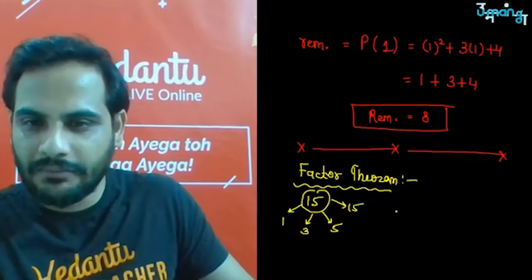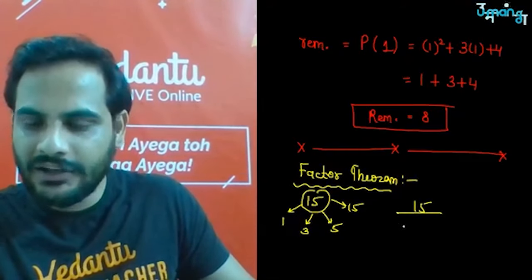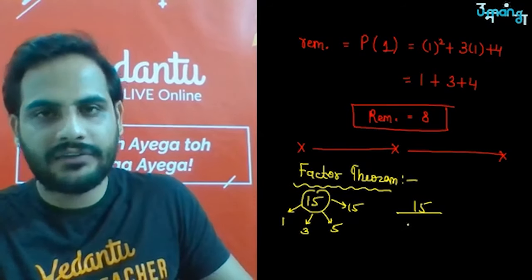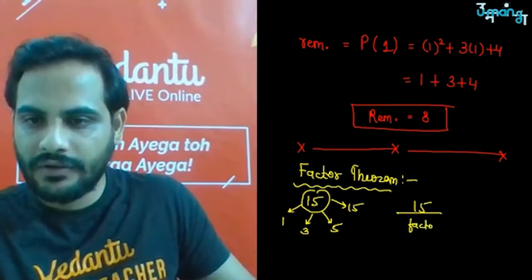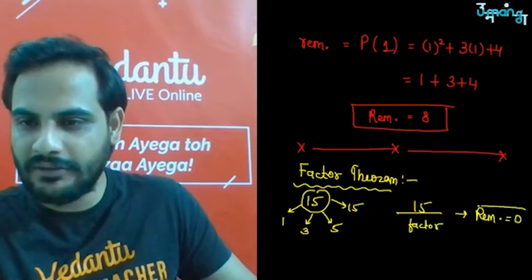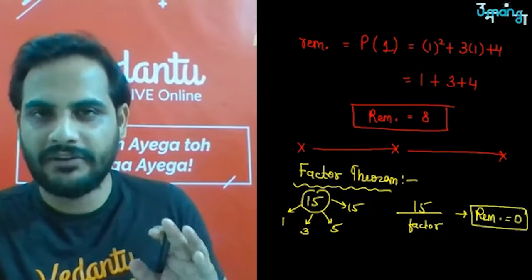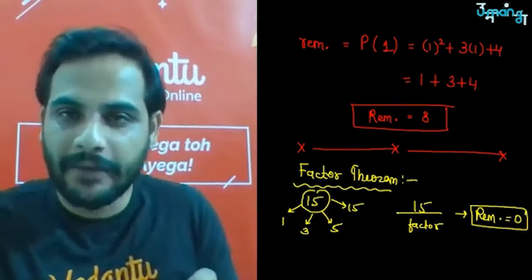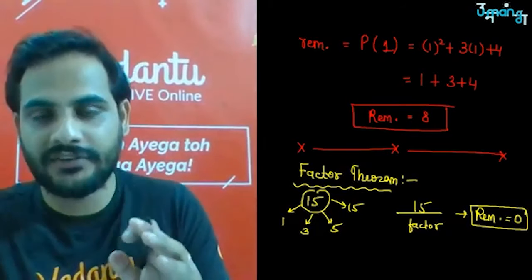So when you divide 15 by any of its factors, either 1, 3, 5 or anything, the quotient I don't know, but my remainder will be equal to 0. The same thing happens for algebraic expressions as well, or the polynomials.